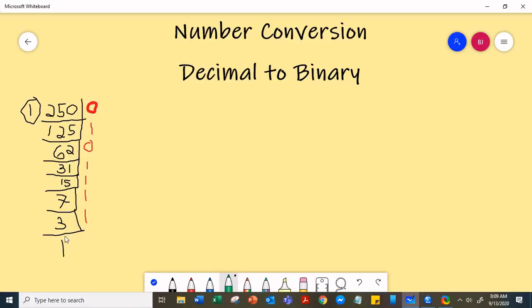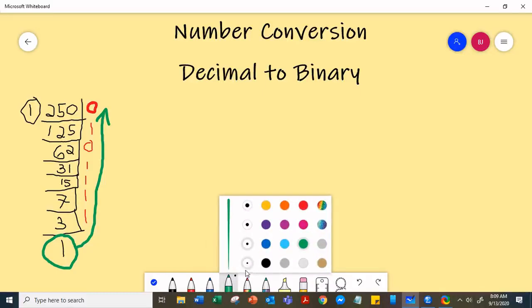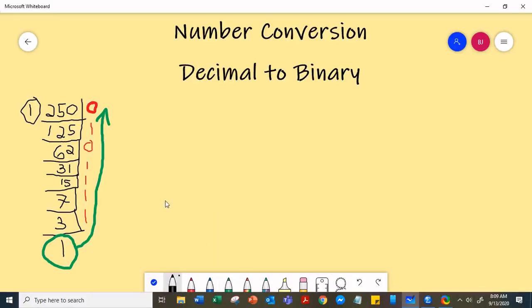So we just have to follow the last answer here, which is 1. It would always be 1. And then we follow it up. So that would mean that our answer will be 1, 1, 1, 1, 1, 0, 1, 0.